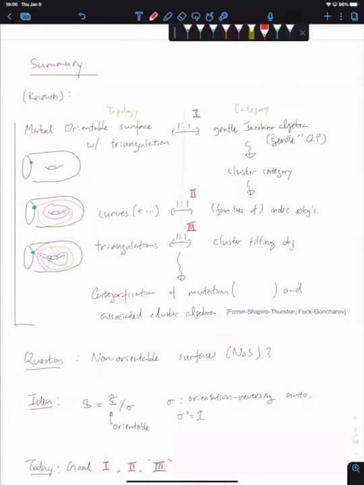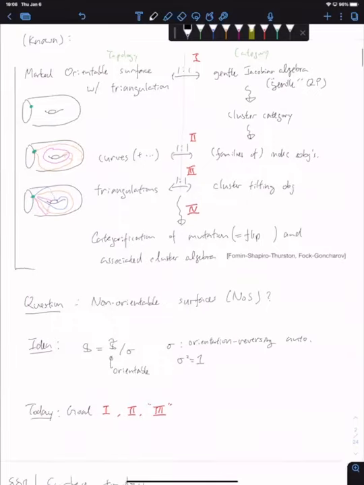The ultimate goal is to do something more, which is to also categorify the mutation, or in the language of surface combinatorics, the flip of triangulations. You also want to do it in a way that is compatible with cluster variables or Teichmüller theory, whatever setting you want. Anyway, the natural question is: everything I said here is about orientable surfaces, so what about non-orientable surfaces?